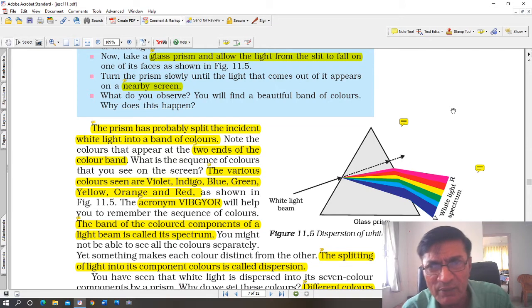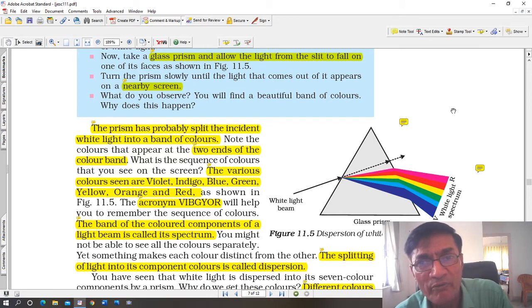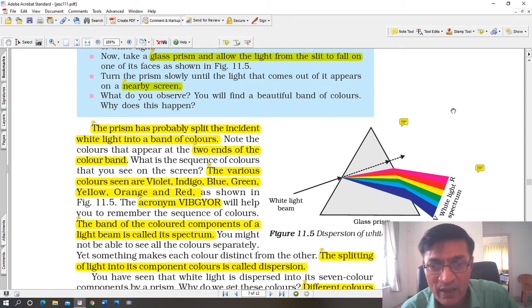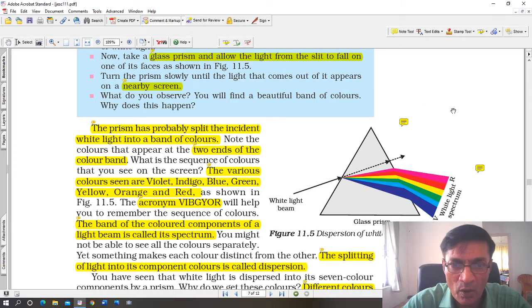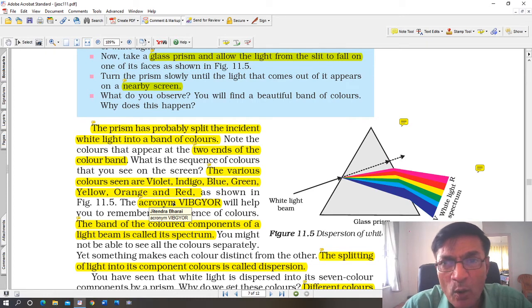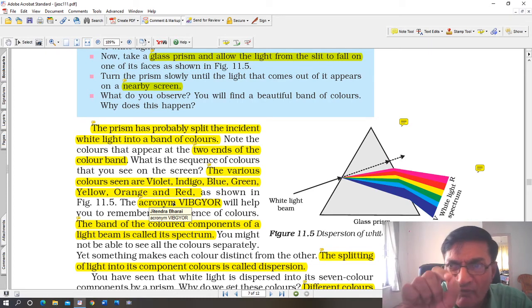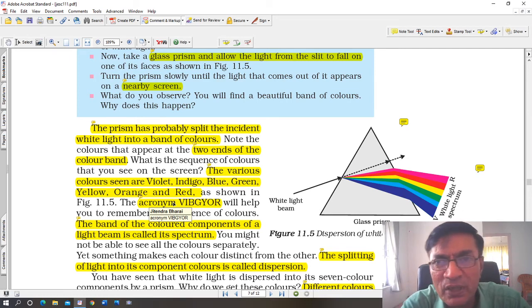For example, look here, 7 colors, what is commonly called VIBGYOR: violet, indigo, blue, green, yellow, orange and red. You can see the acronym here. The word acronym means a shortened word made of the first letters of words, for example the word laser. Laser is not an abbreviation, it's an acronym. There is a difference between abbreviation and acronym.